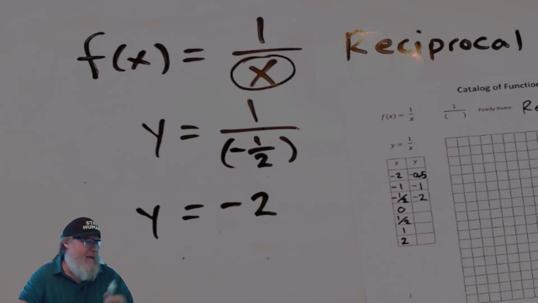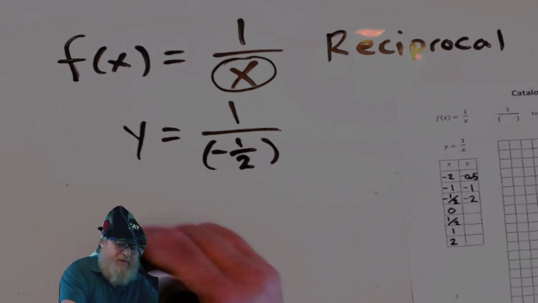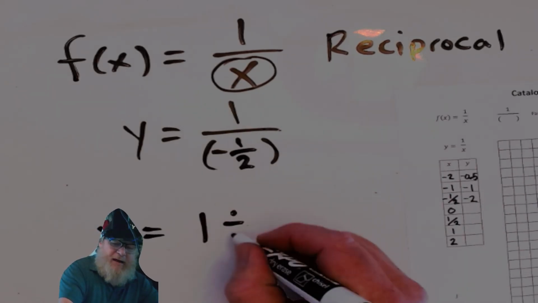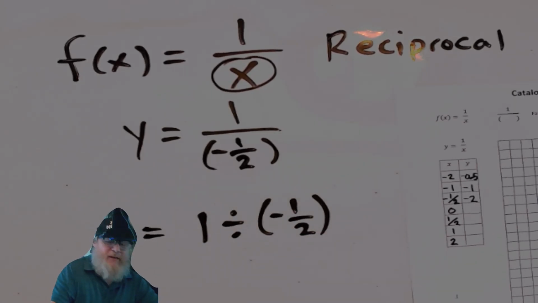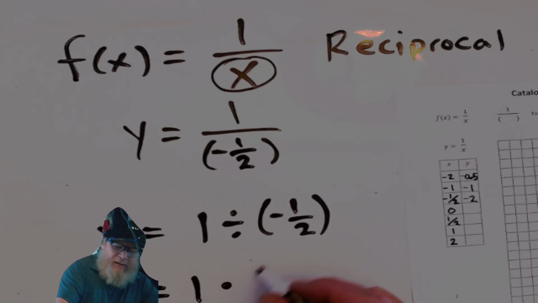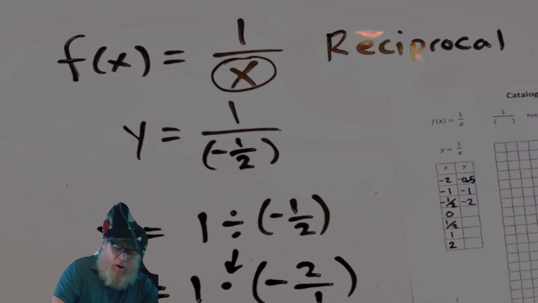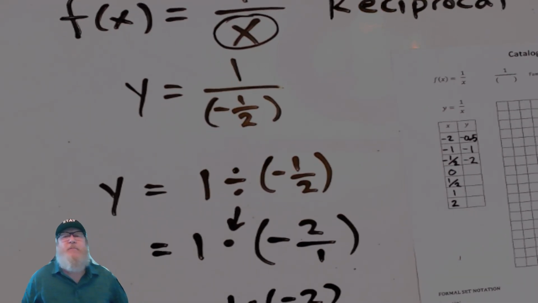All right. And I like to show the steps for that because I don't know who's watching this video. When you divide 1 by -1/2, you get 1 times -2/1, which is 1 times -2 divided by 1. You see that?